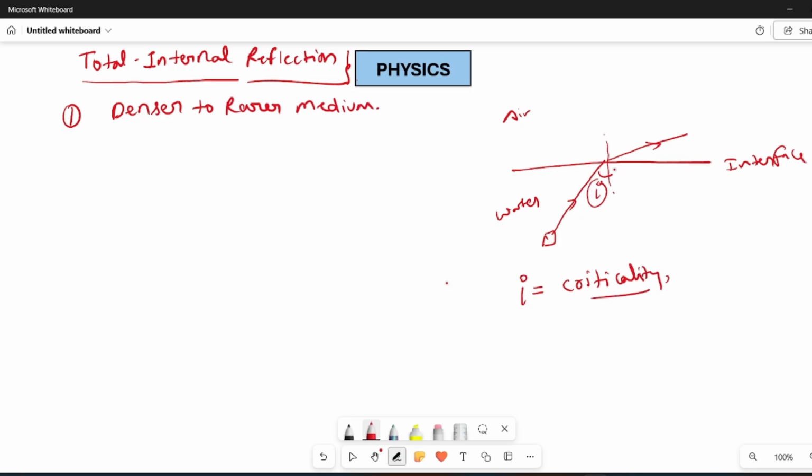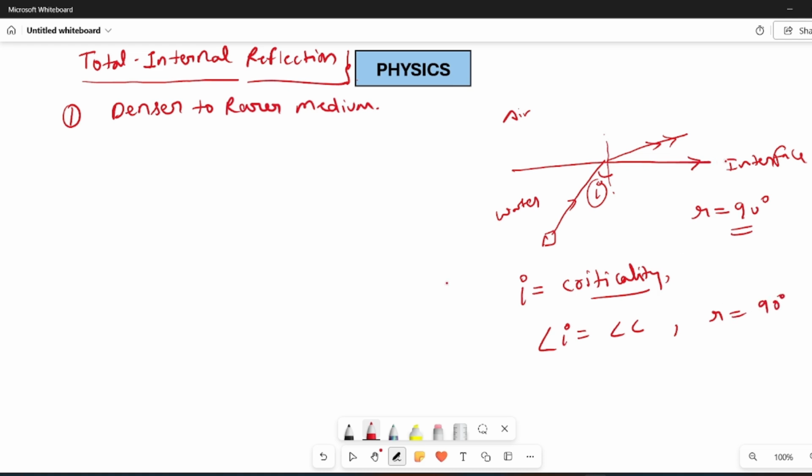At the critical point, when the angle of incidence has been increased to a particular point, your angle of refraction becomes 90 degrees. That means the light is now going to travel along the interface. My angle of incidence has become the critical angle, at which point r is going to become 90 degrees.